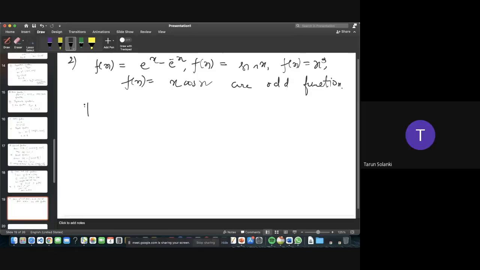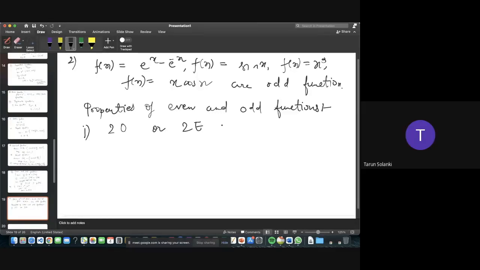So the properties of even and odd functions. Okay. So the first is the product of two even or two odd functions is always an even function.